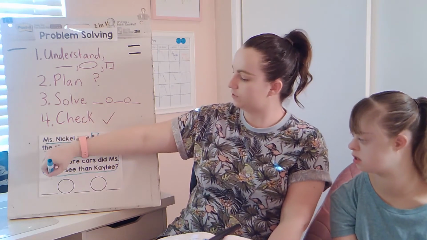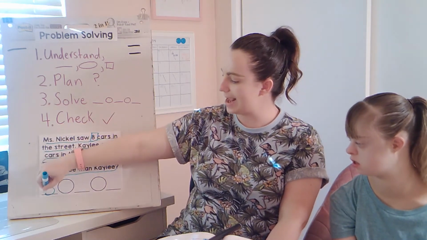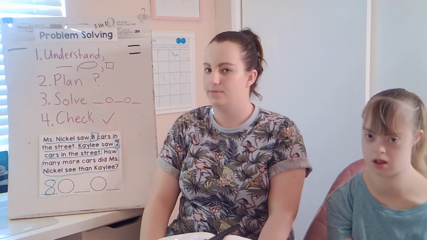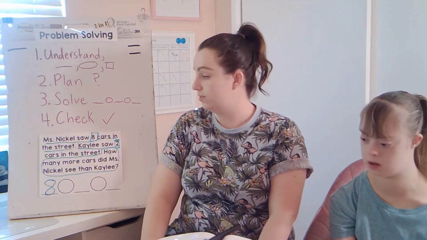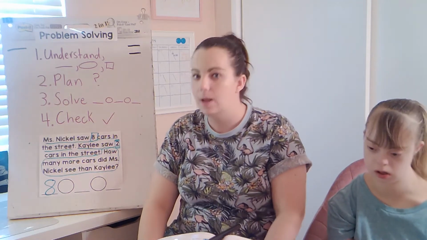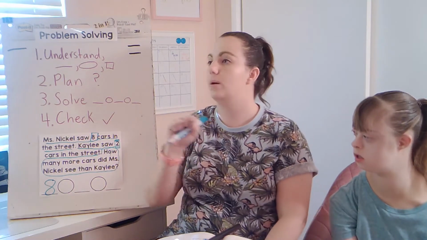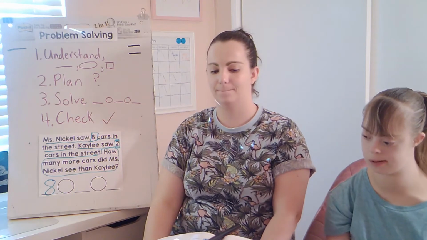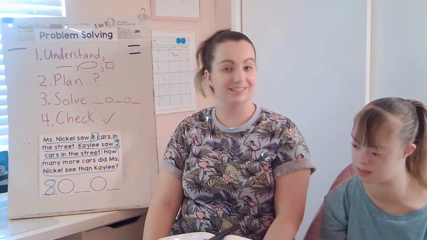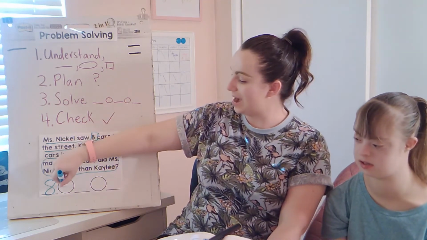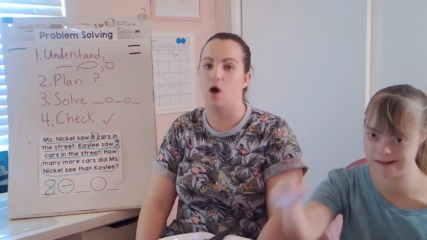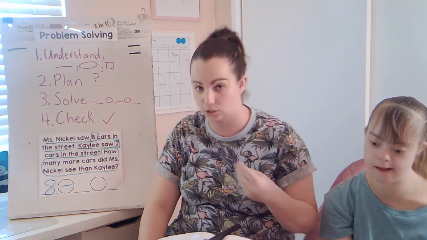So I'm going to write that first number, the larger number, right here. 8 cars. Then I know the phrase how many more means subtraction. So I'm going to write the minus, takeaway sign. Nice job, Kaylee.